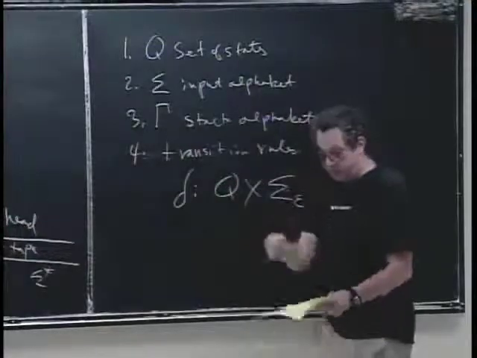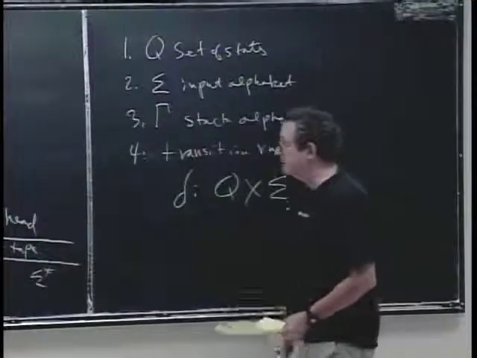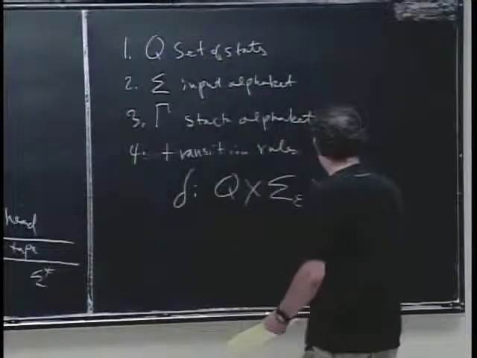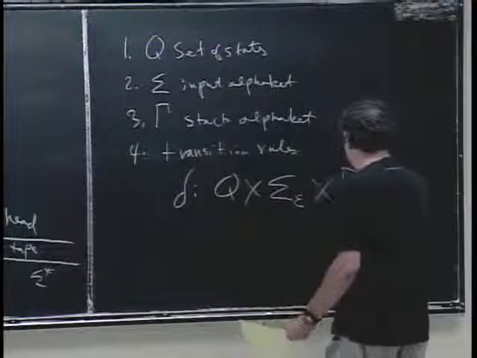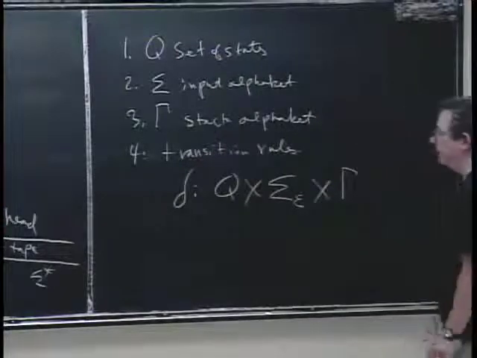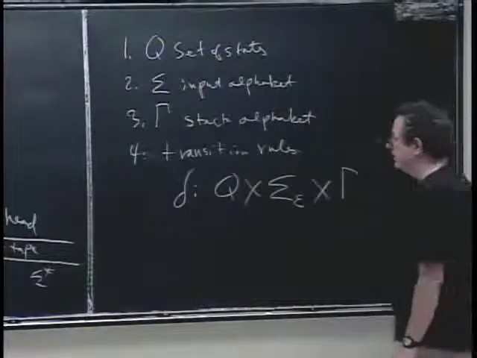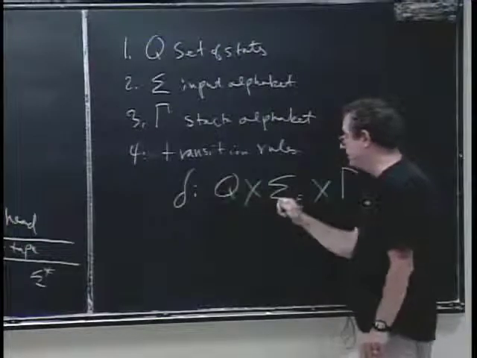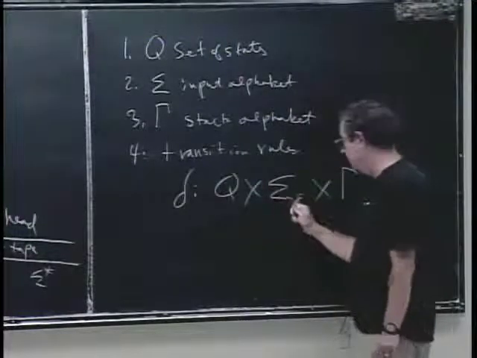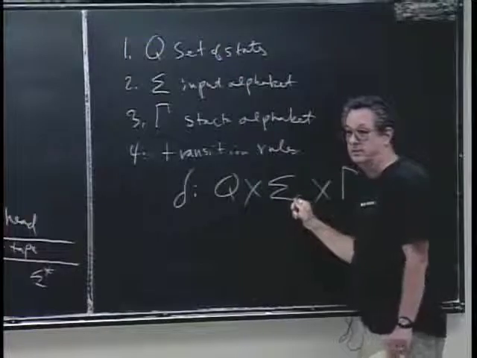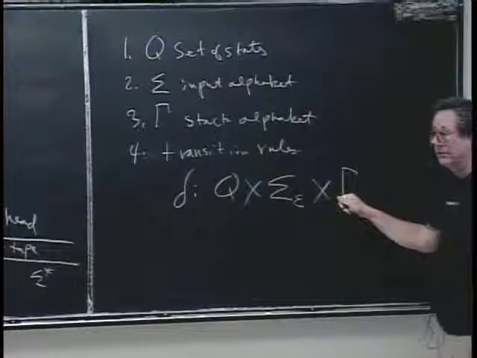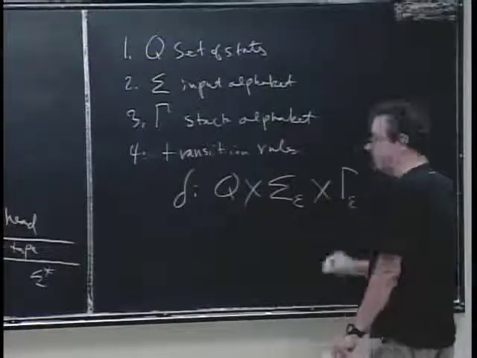But you had mentioned that we should also look at the stack. So this says what's on the top of the stack. In deciding what the machine will do at every step, it pays attention to what state it's in, pays attention to the input tape, or decides not to look at the input tape, and to what's on top of the stack, or decides not to look at the stack.